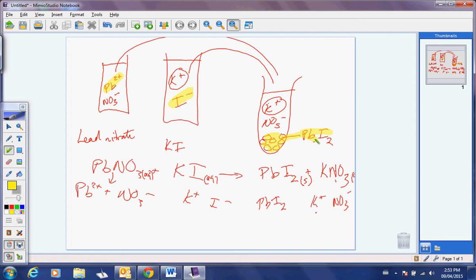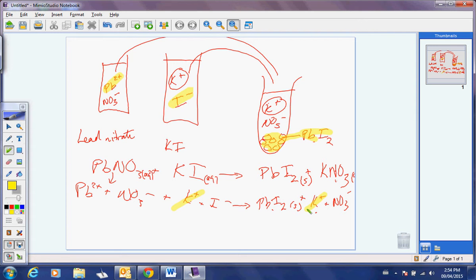They've played. So thinking of this in algebra, notice I've got a big equation here right now. I've got Pb2 plus, NO3 minus, plus a K plus and an I minus, and they all came together and made this compound, which is a solid, and that ion and that ion. You know in algebra where you've got an X on the left and an X on the right, you can cancel them out? Same thing here. See how I've got a K plus on the left and a K plus on the right?